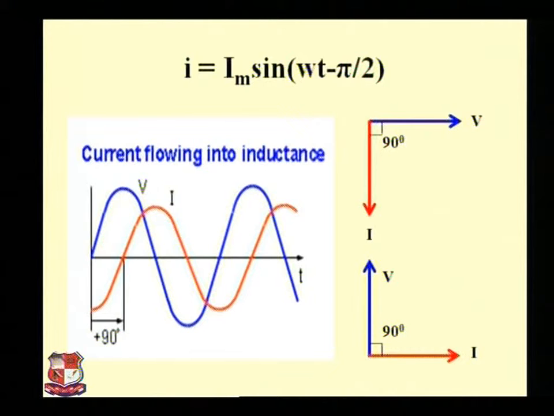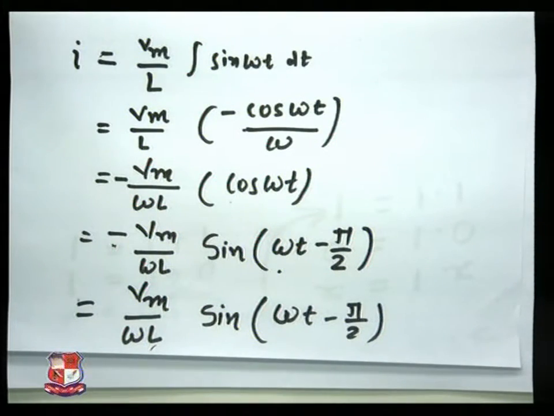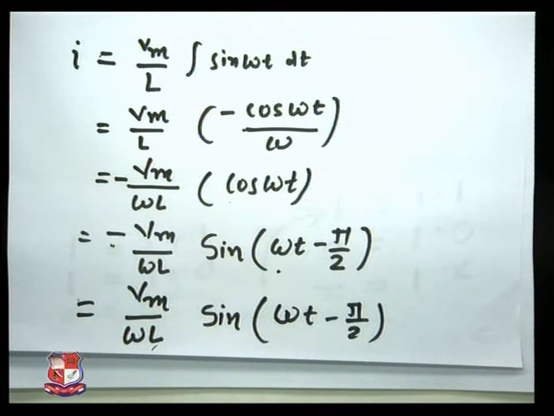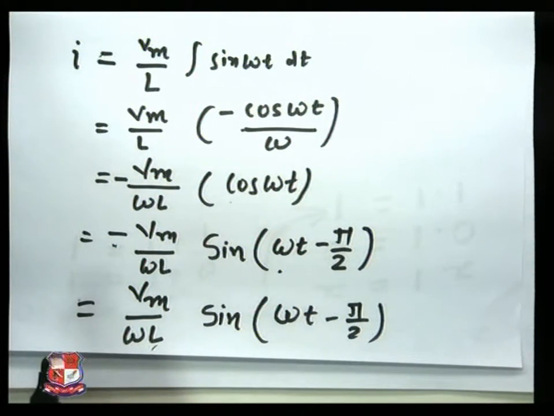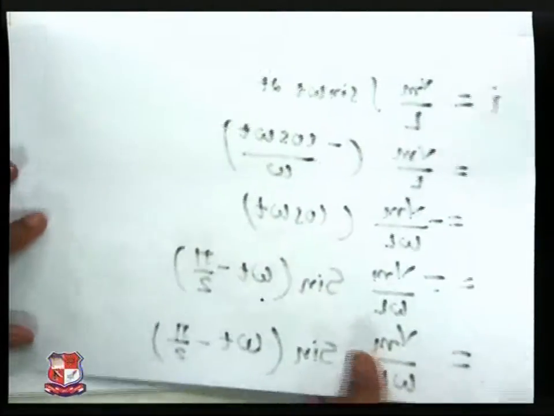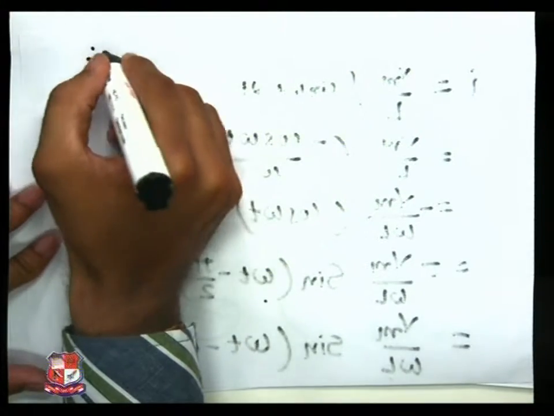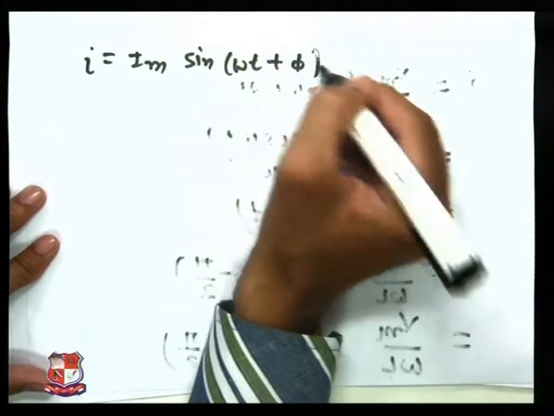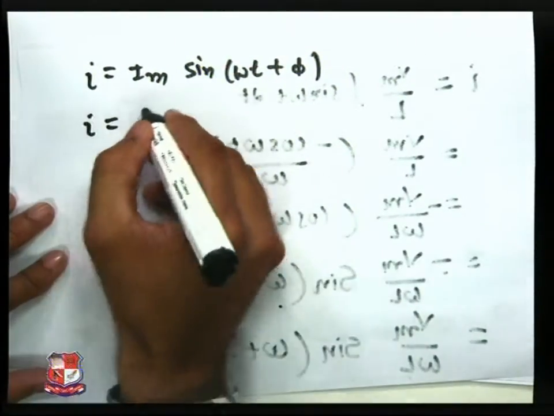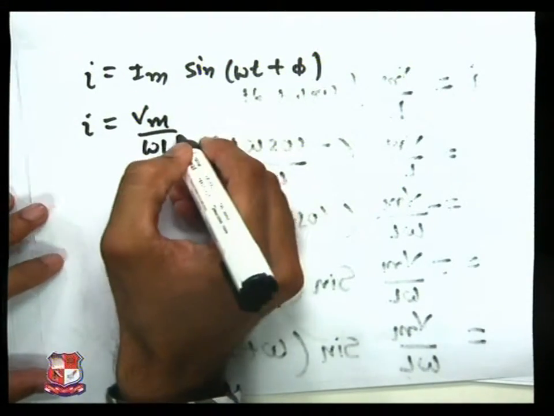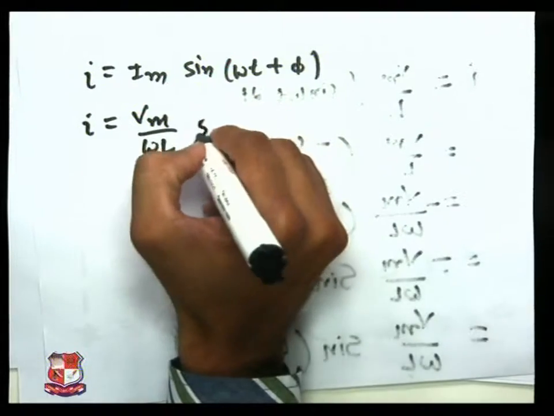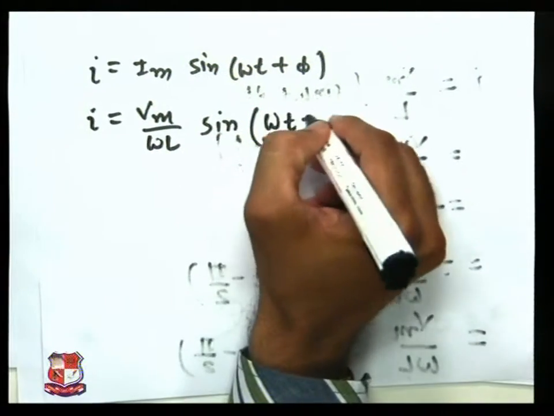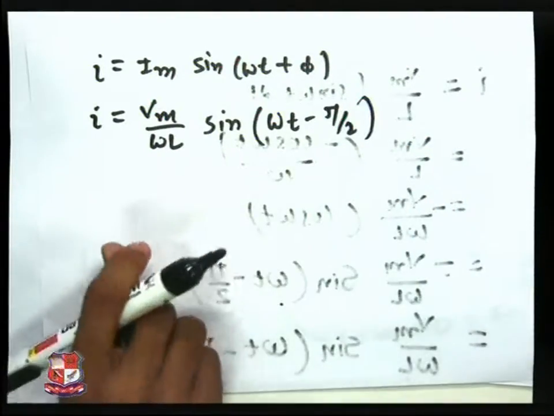So this equation is compared with the instantaneous quantity. Now we know that the instantaneous current is I equal to Im sin omega t plus phi. So we compare with our previous equation, I equal to Vm by omega L sin omega t minus pi by 2.